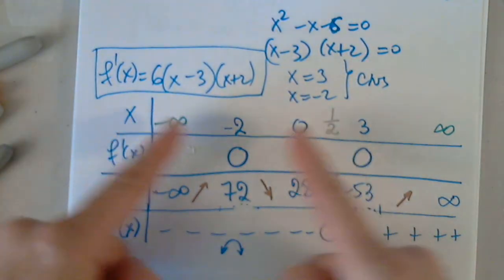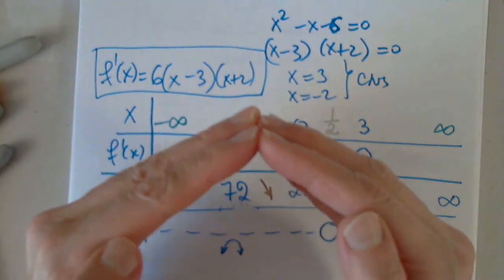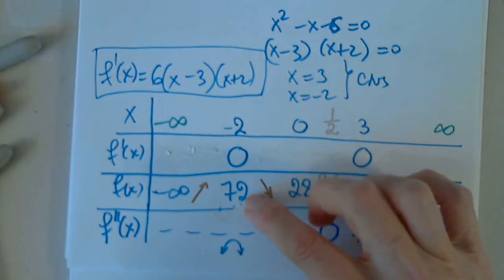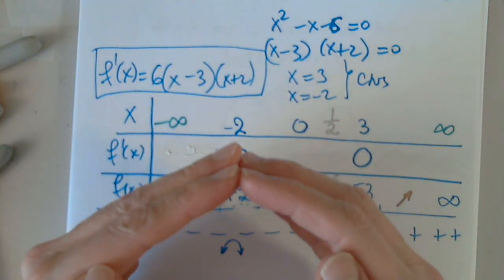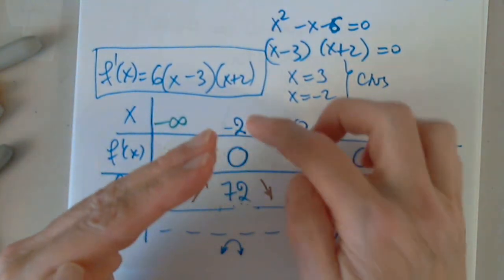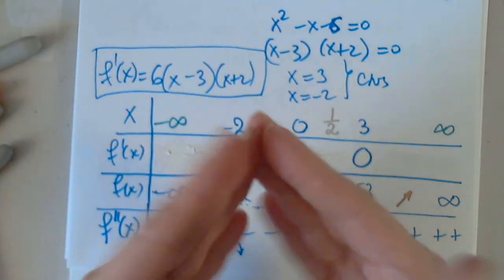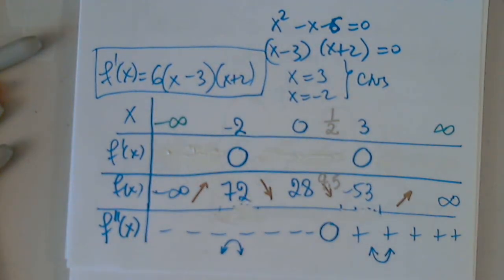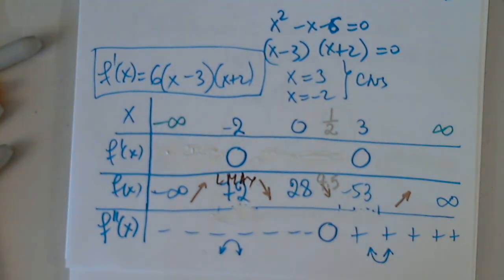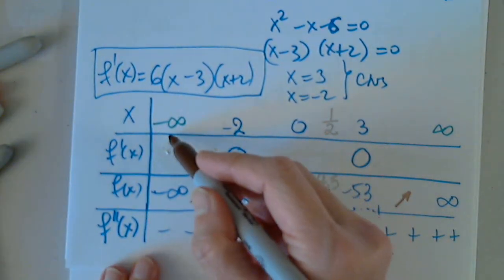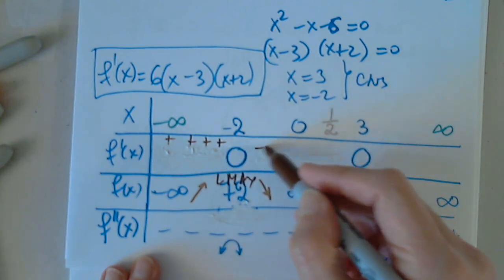In the area where the function looks like this, there is a critical number. The critical number is negative 2. Well, the function looks like this, and there is a critical number. I know that this must be a local max. There is no other option. And if this is a local max, this must be positive, and this must be negative.